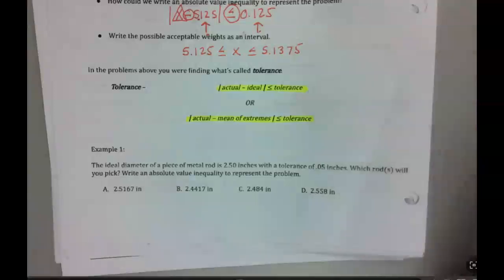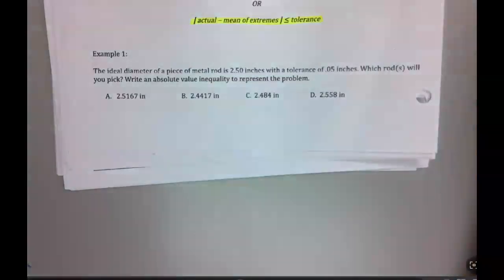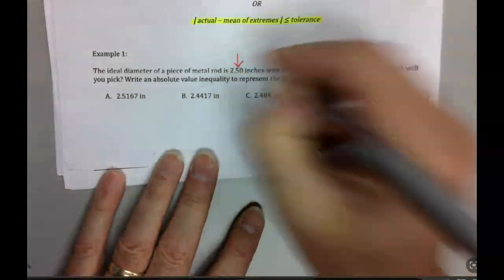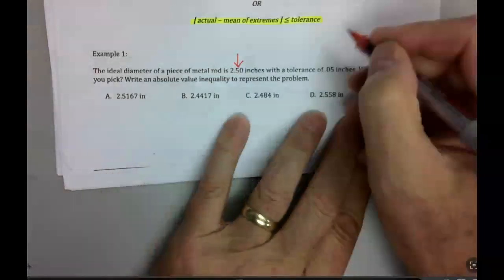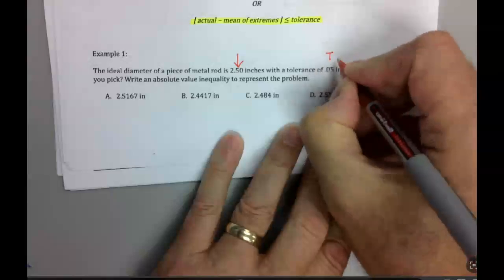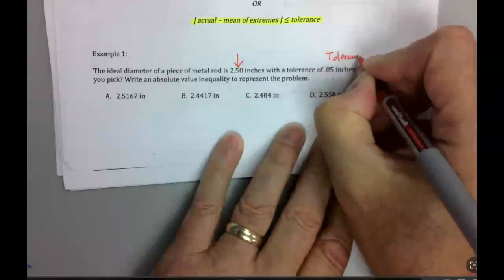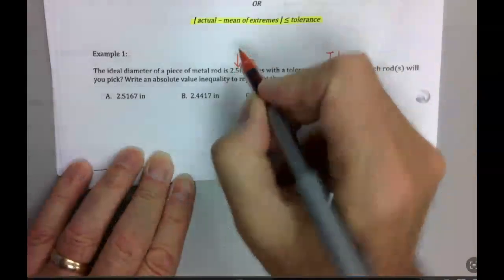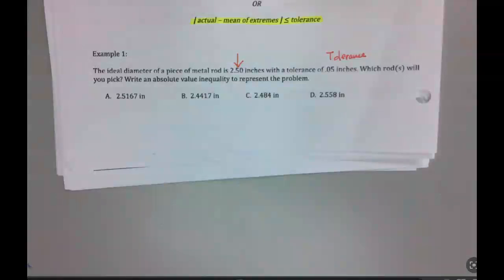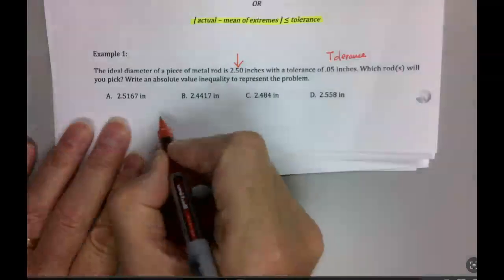Okay? Makes sense. So, the ideal diameter of a piece of metal is 0.25. So that is what you're hoping it is, with a tolerance of, that's your tolerance. This is your actual or ideal, correct? So, you're going to have this.